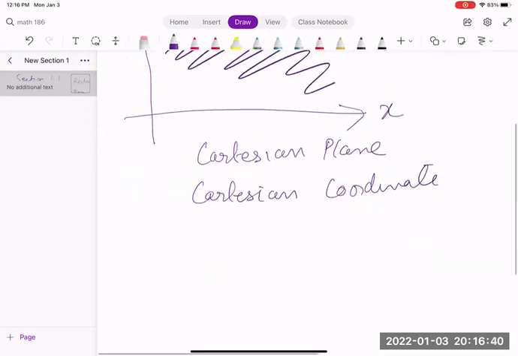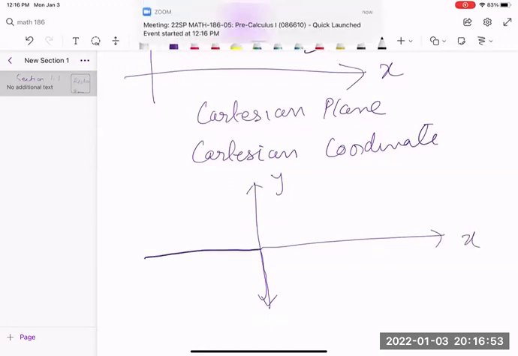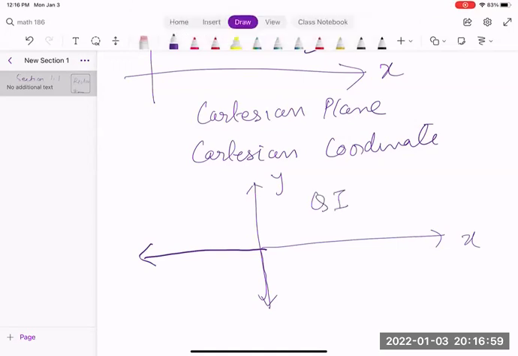Now for your x and y plane, we have just drawn your x and y, but you can extend the y to the negative position and you can extend the x to the negative. So the first quadrant, we are going in the anti-clockwise direction: quadrant 1, quadrant 2, then quadrant 3, and quadrant 4.